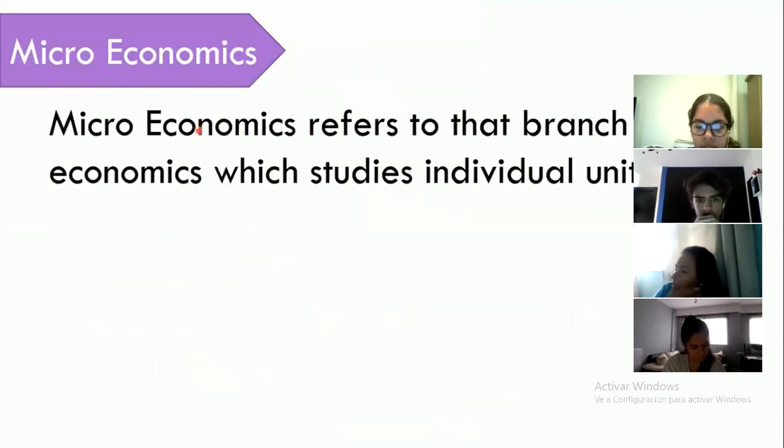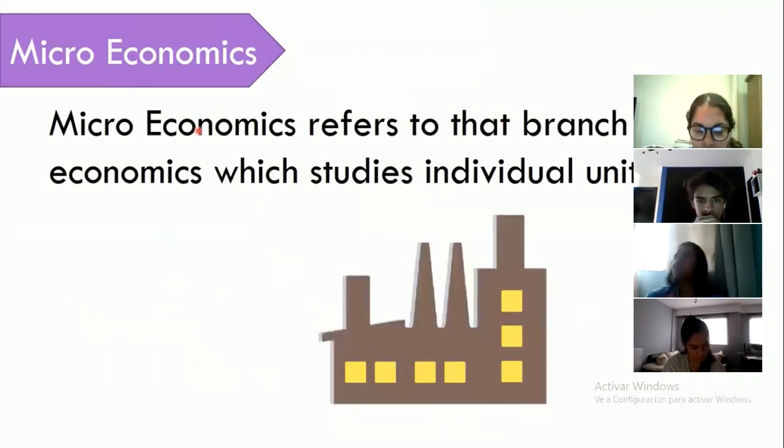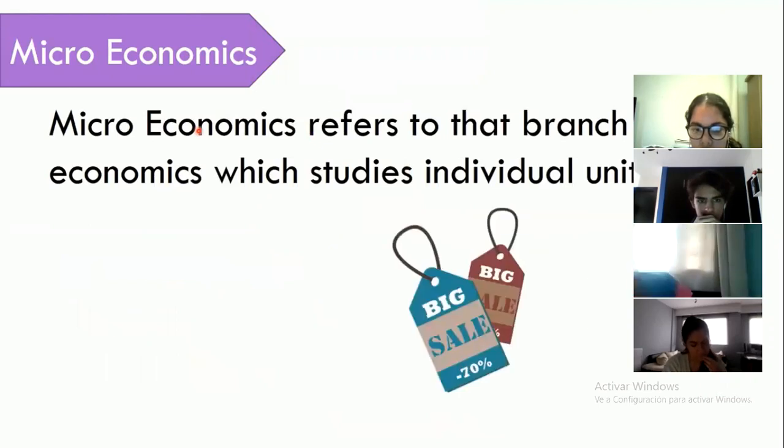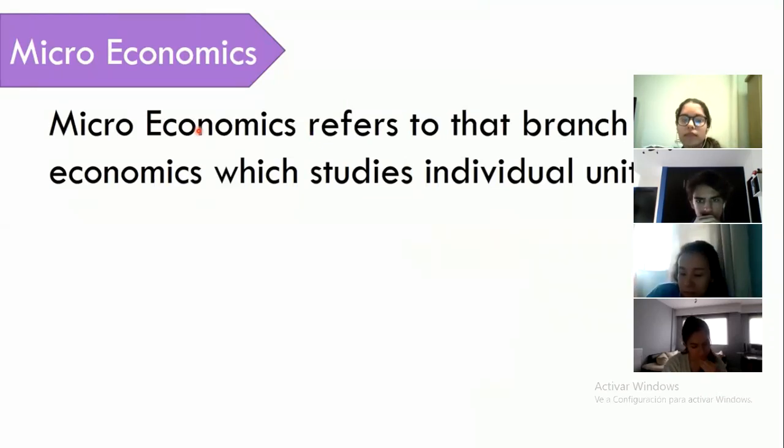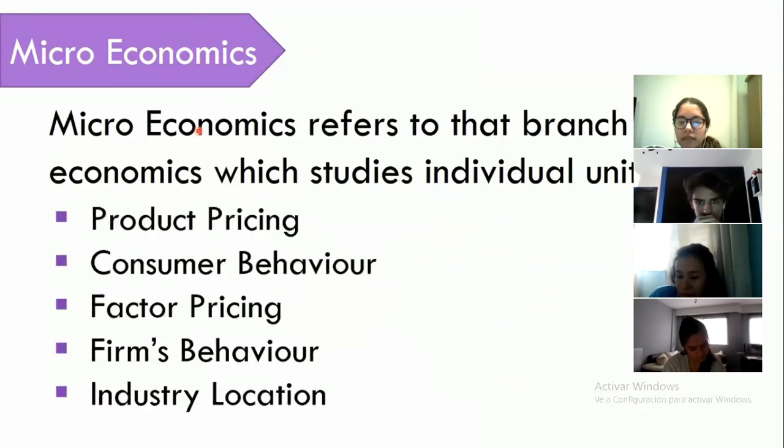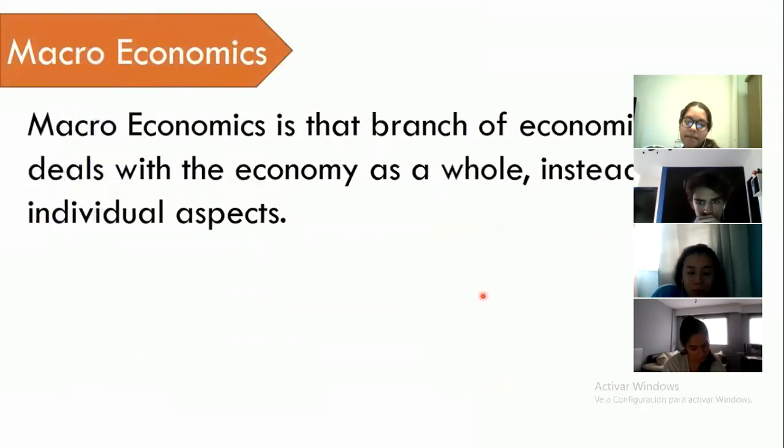Microeconomics is that branch of economics which studies individual units such as a consumer, household, firm, industry, and price of a product. Microeconomics examines how the scarce resources are to be allocated among people efficiently. So it covers product pricing, consumer behavior, factor pricing, firms behavior, and industry location. Macroeconomics is that branch of economics which deals with the economy as a whole instead of individual aspects.